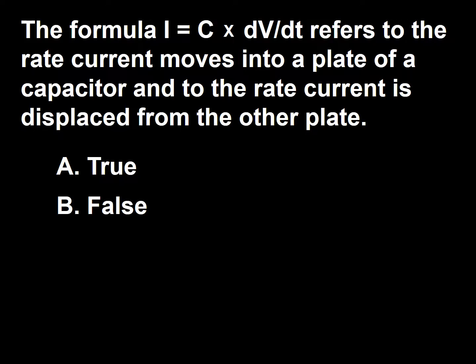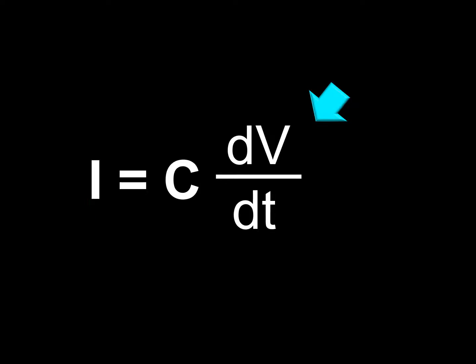Next question. The formula I equals C times dV divided by dt refers to the rate current moves into a plate of a capacitor and to the rate current is displaced from the other plate of the capacitor. A, true, B, false. The implication of the factor pointed by the arrow in this formula is that the more voltage changes occur in the least amount of time, the more current goes through the capacitor.